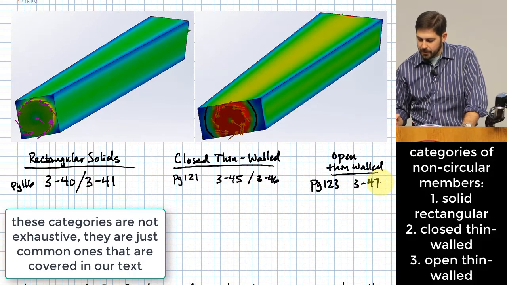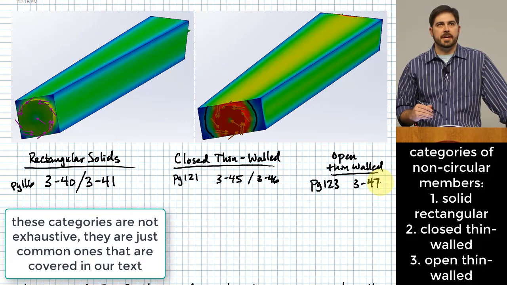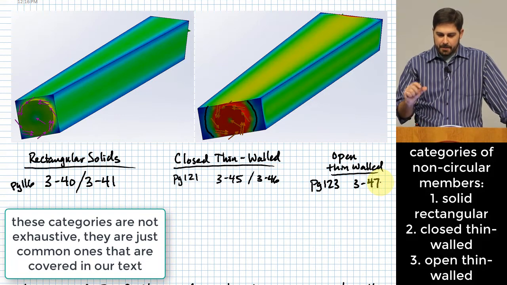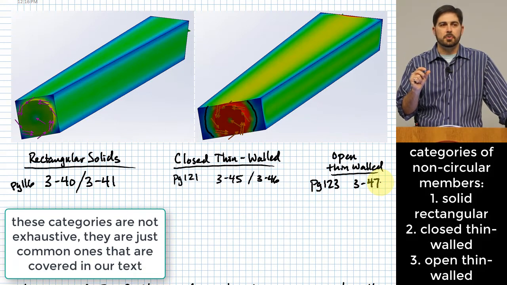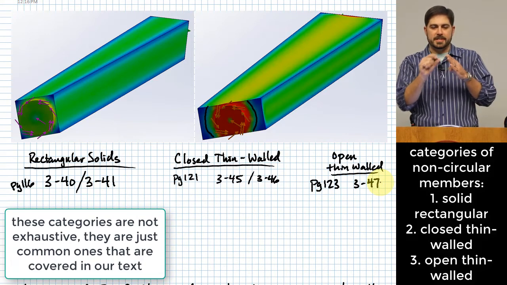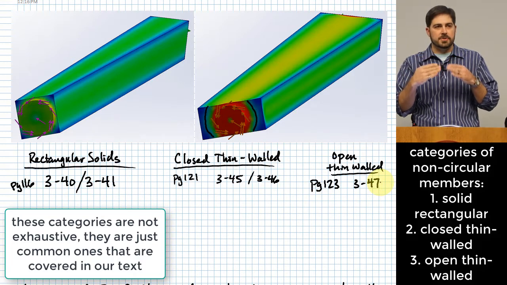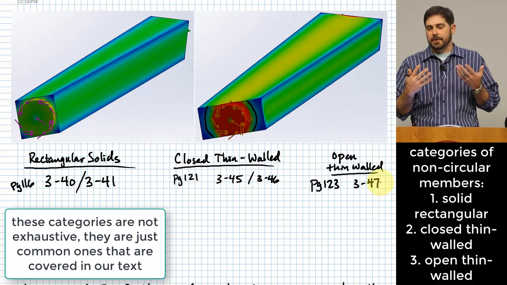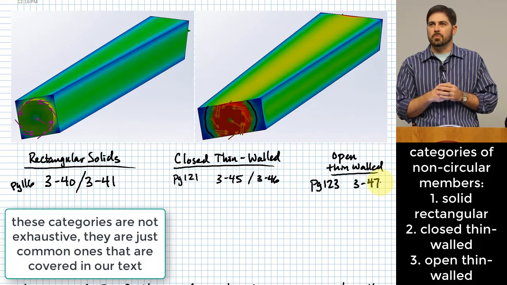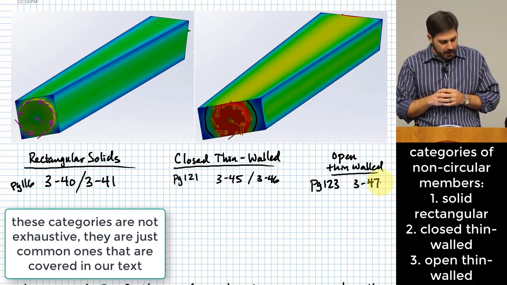The way open thin-walled members tend to work is that you can think of it as multiple rectangular sections that are all twisting, and they essentially behave as if they are independent of one another. So if you assemble a bunch of little rectangles together, it behaves as if each of those little rectangles is supporting torsion, but they do so relatively independently of one another. So that's what's going on there.